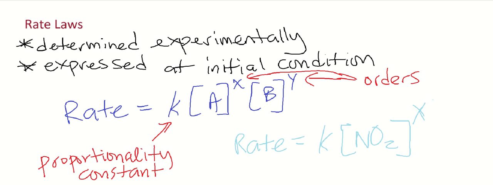Okay, and these are, again, experimentally determined. But we're going to show you how to write this expression fully with the experimental data given to you, which is exactly what we're going to ask you to do on your test. All right, so let's go over some of these examples.